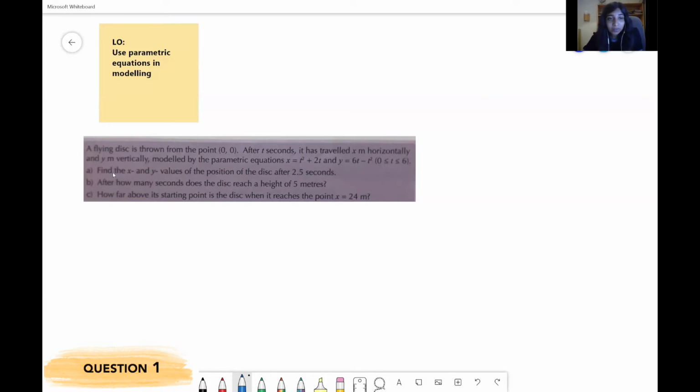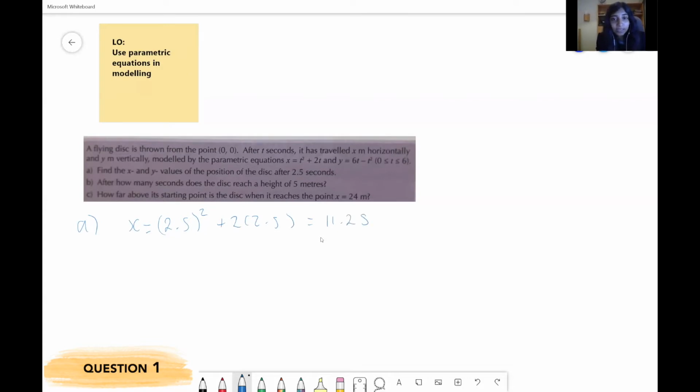For the first bit, we want to find the x and y values of the position of the disk after 2.5 seconds. So all we do here is plug in t is equal to 2.5 in both the x and the y equations. For A, x is equal to 2.5 squared plus 2 times 2.5, and that's equal to 11.25.